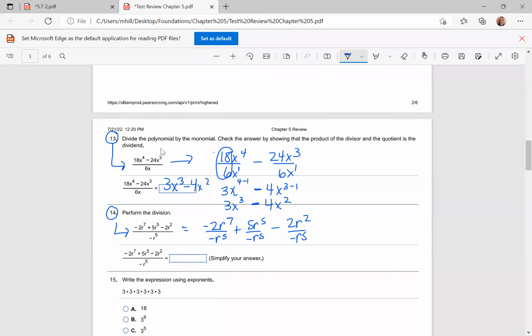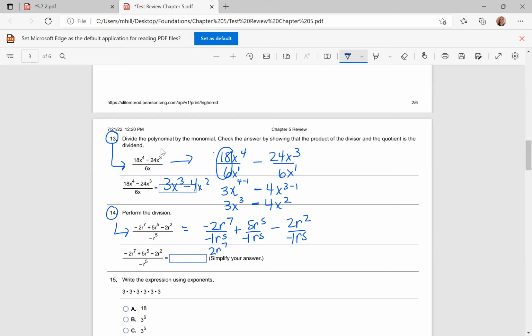Every single one of these, when it says negative, that just means -1. I think I'm going to go back and put that on every one of these, because it really means -1 r to the fifth, just so that it makes it a little bit easier for us to think about. So when we talk about this -2 divided by -1, well, that's just 2.